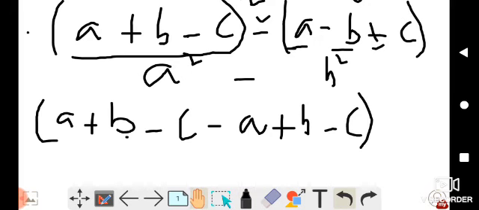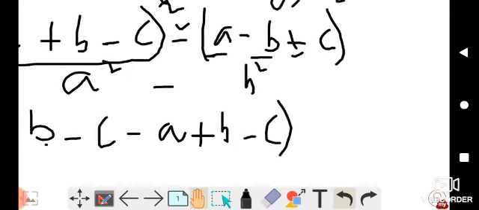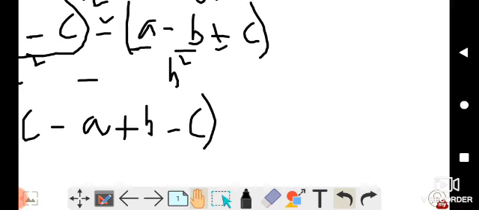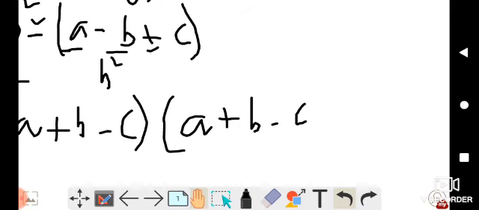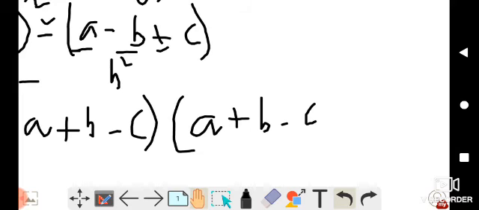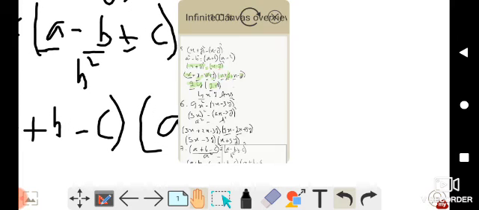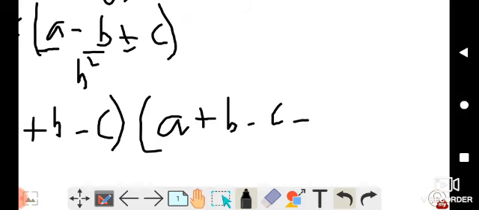Now another bracket. a plus b minus c. Now here is minus. We have done the minus bracket, so now we do the plus bracket. Plus bracket and plus same, no changing.